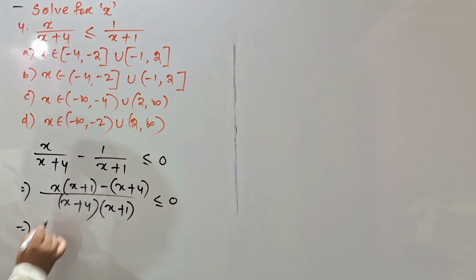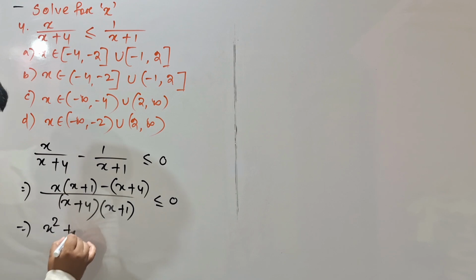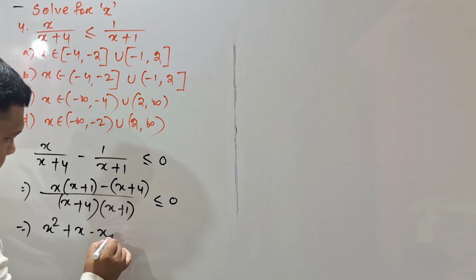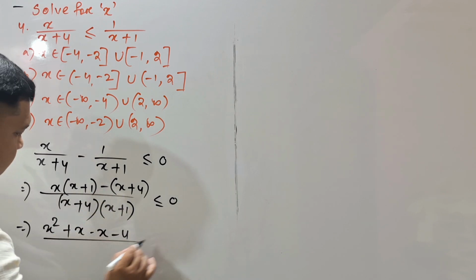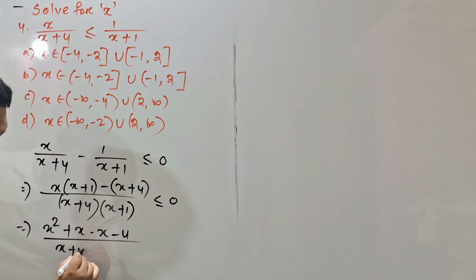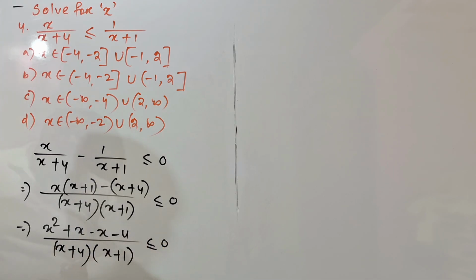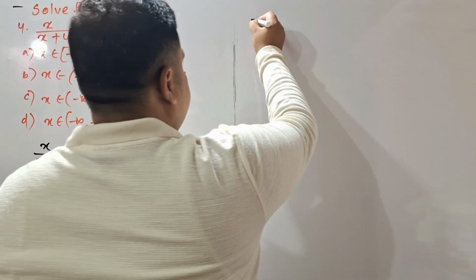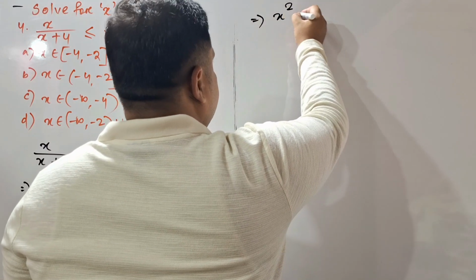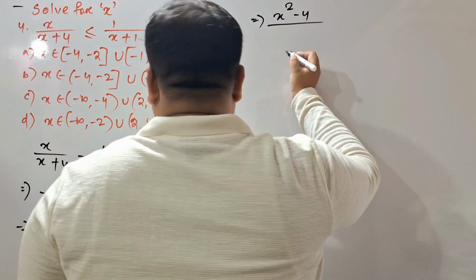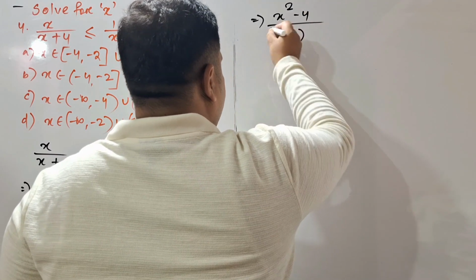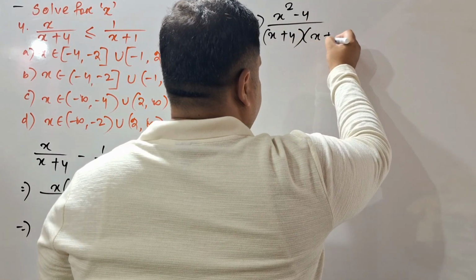If I open the bracket, this is x square plus x minus x minus 4 divided by x plus 4 whole into x plus 1, less than equal to 0. Plus x minus x get cancelled. So your answer is x square minus 4 divided by x plus 4 whole into x plus 1, less than equal to 0.